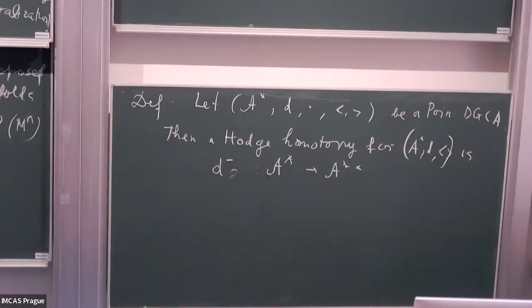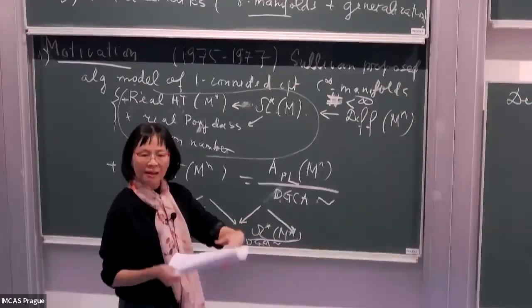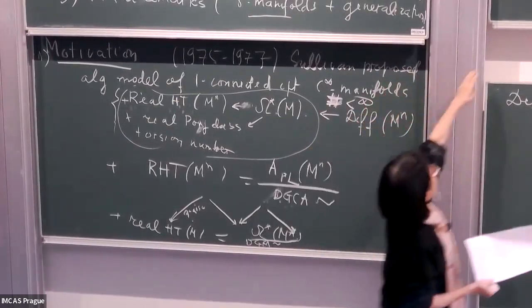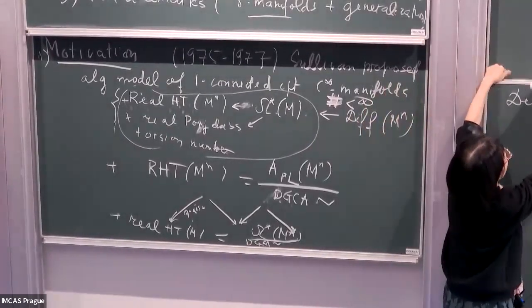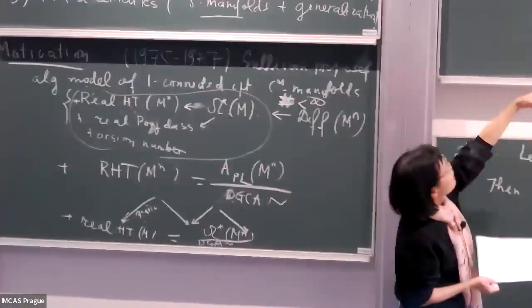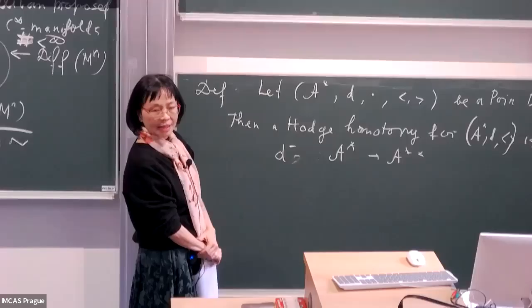That means that first I define the Poincare duality on homology. And then I extend this pairing to the differential graded algebra by this formula. The pairing of these two things is a pairing of homology classes, if it has the right degree. Why is it commutative? That's the definition.